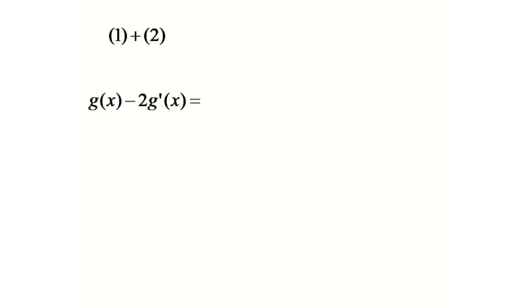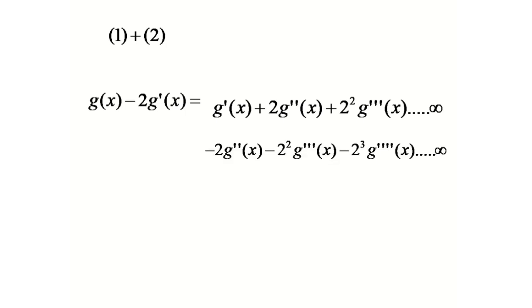So now if we add equation number 1 and 2, we know that g of x according to our question is this thing, and minus 2 times g dash of x, we found that this thing equals this, and now you can clearly see why we were multiplying it by 2 and differentiating it once more: to cancel out all these infinite terms, and we are only left with g dash of x.